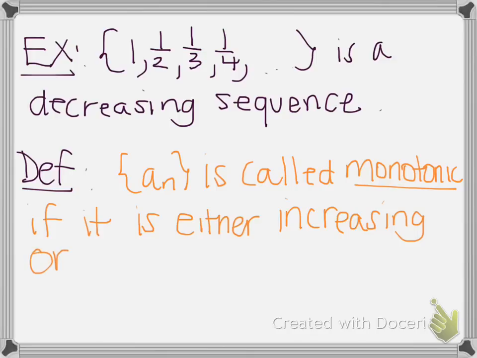It can't do both; it's either one or the other. So the sequence is monotonic if it's either increasing or decreasing. The above examples I gave you were examples of monotonic sequences.